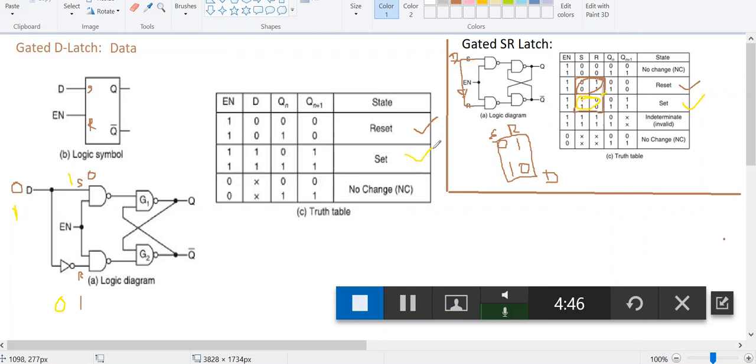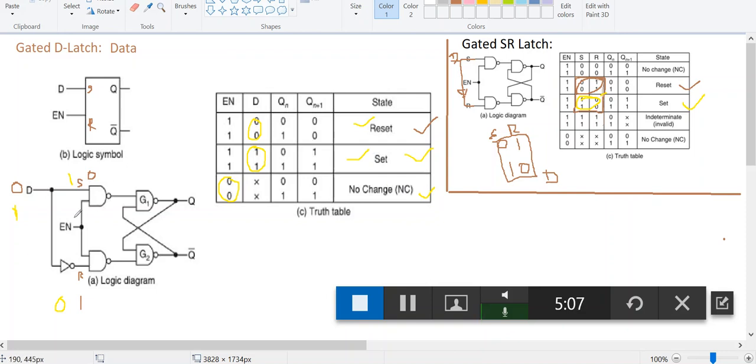So when D is equal to 0, you get the reset state as your output, and when D is equal to 1, the output is the set state. As we defined earlier, when enable is equal to 0, there is no change in the circuit. That is what we get by default.